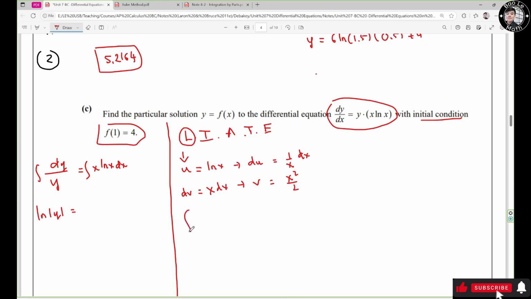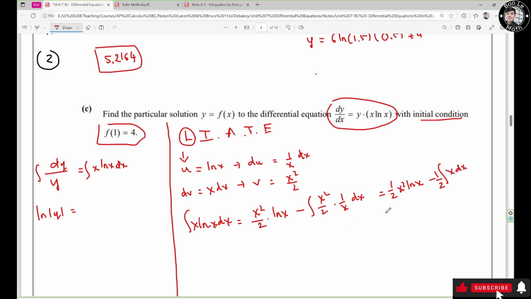So we have the antiderivative of s natural log of s ds equals u times v, which is s squared over 2 times natural log of s, minus the antiderivative of v du, which is s squared over 2 times 1 over s ds. So this turns out to be 1/2 s squared natural log of s minus the antiderivative of 1/2, I'm going to put in the front, so it's going to be s ds.